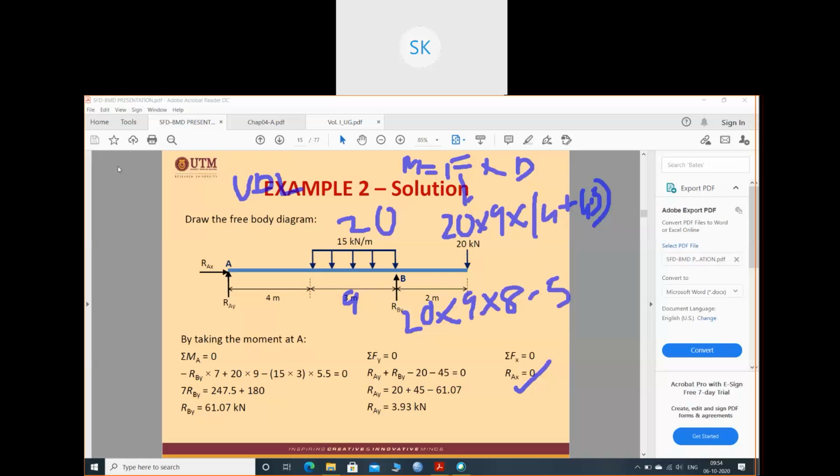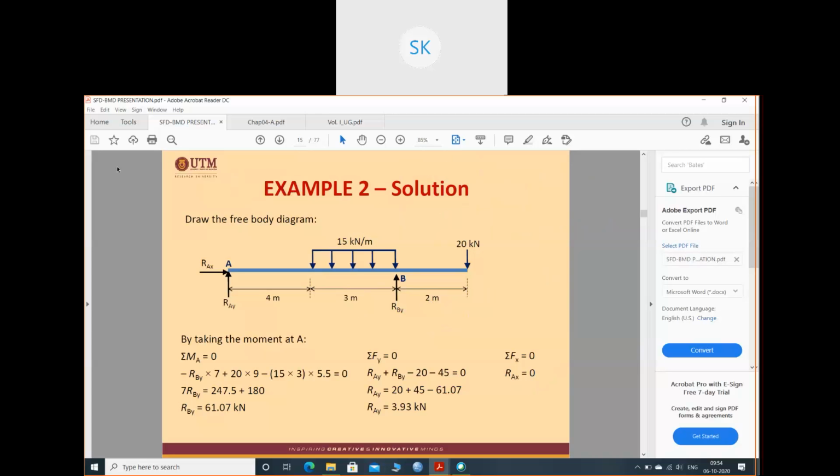I want to know why there is a negative sign for UDL. It is in clockwise direction, right? No, it is not in clockwise direction. It will give movement. This is the force, and this is the movement. If I take this force, it will give movement in this direction, right?